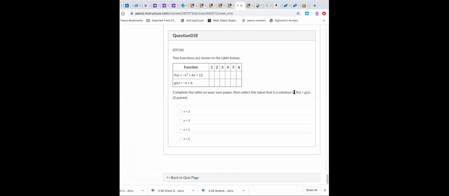But then they're just asking you when are these two things going to be equal? So then I would do this one. Negative 1 plus 6 is 5. So it's not equal there. And you just keep filling it out. Does everybody get that? These numbers are what x equals.